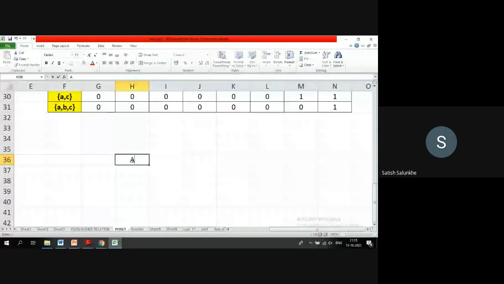Relation R on set A, where R is less than or equal to, and your set A is given to you as 1, 2, 3, 4.